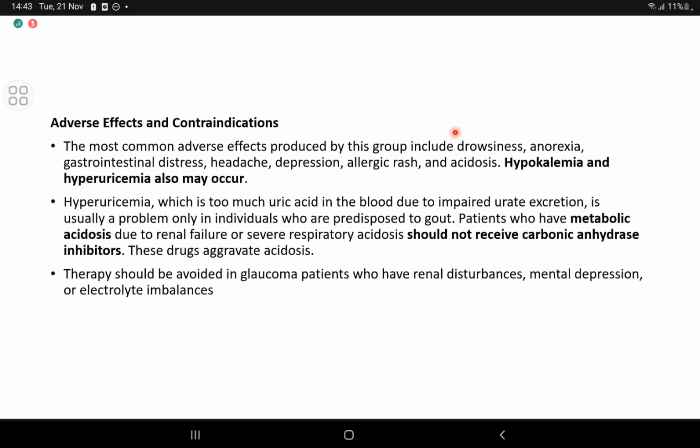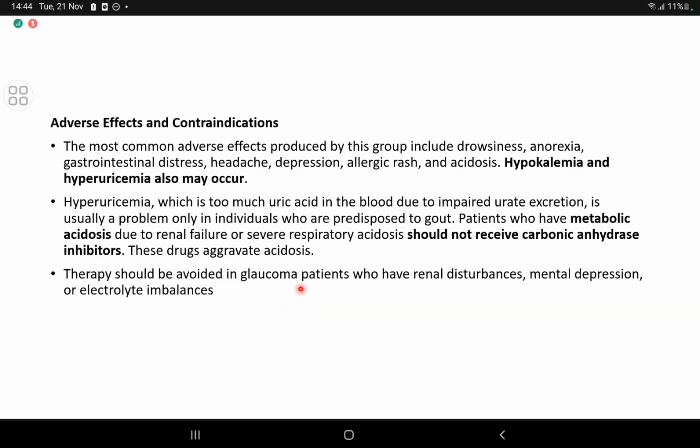The side effects are hypokalemia, hyperuricemia, and metabolic acidosis. Patients who already have metabolic acidosis should not be given this carbonic anhydrase inhibitor because we will worsen the condition.